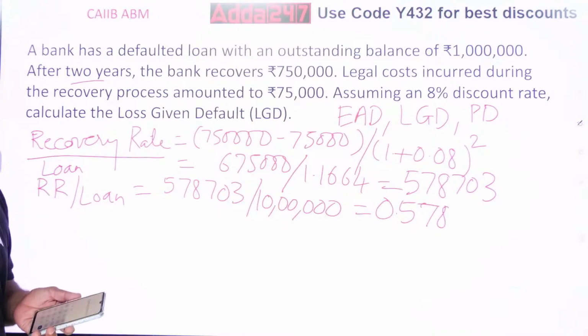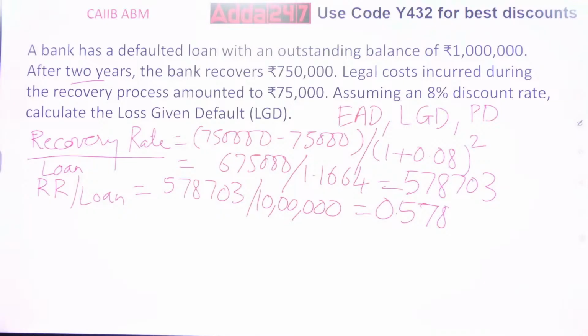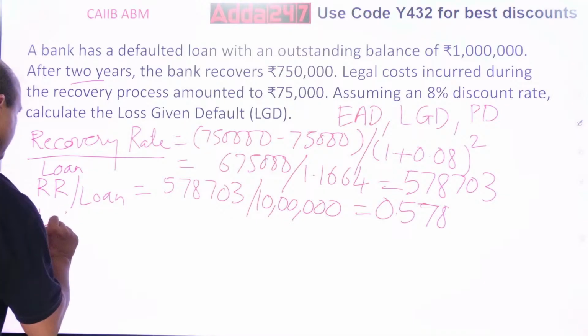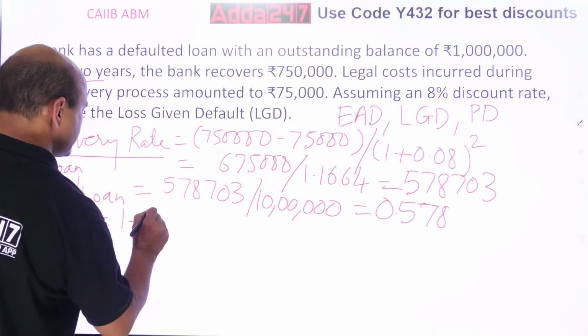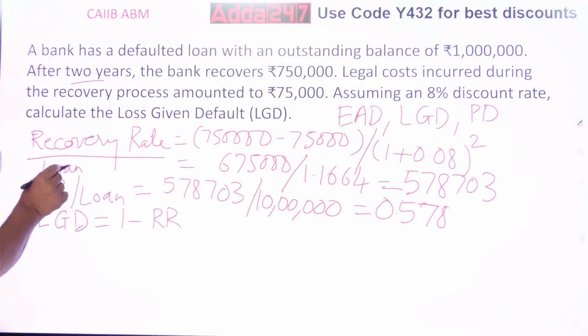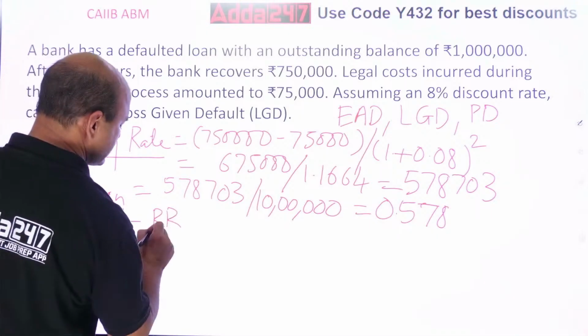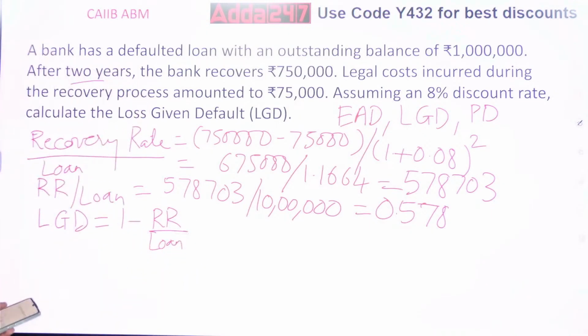So now what you want to do? You want LGD. What is LGD? Loss given default equals 1 minus recovery rate. You can directly write it as recovery rate, or you can write it as loan upon loan, whatever figure you have got.